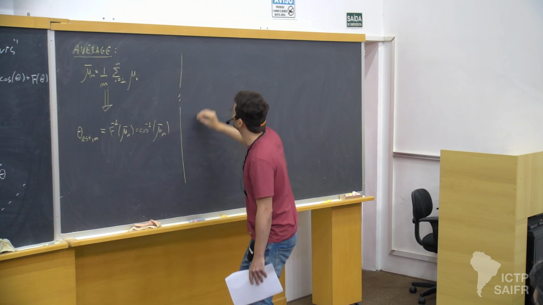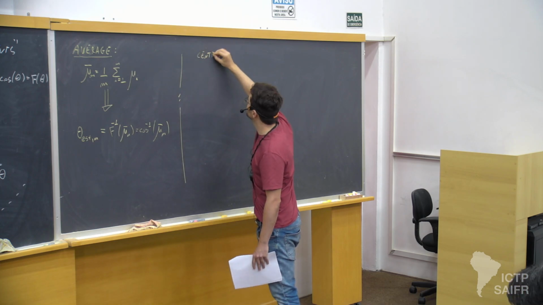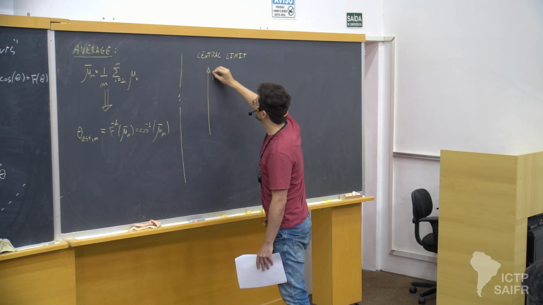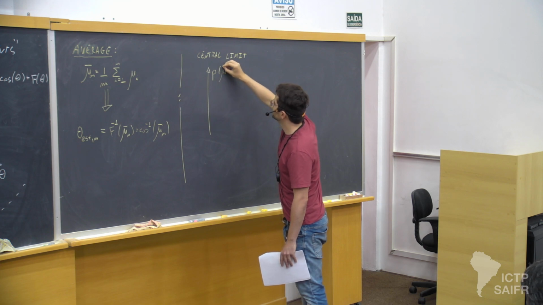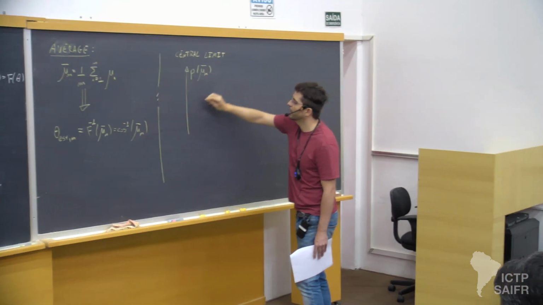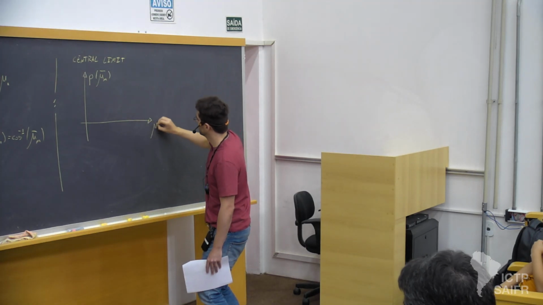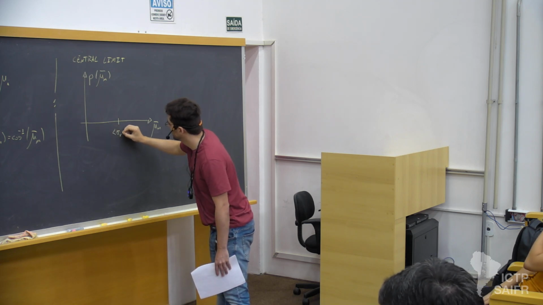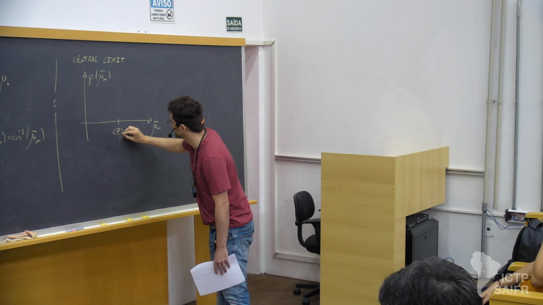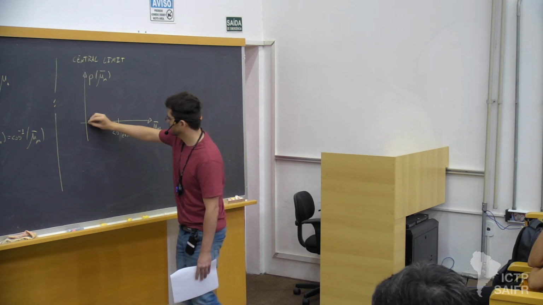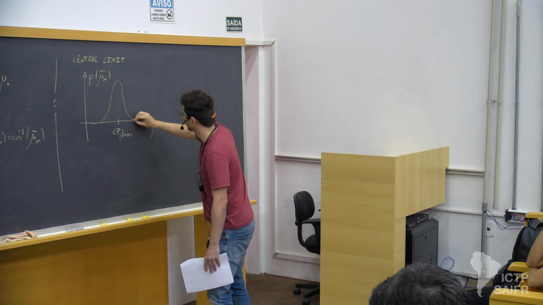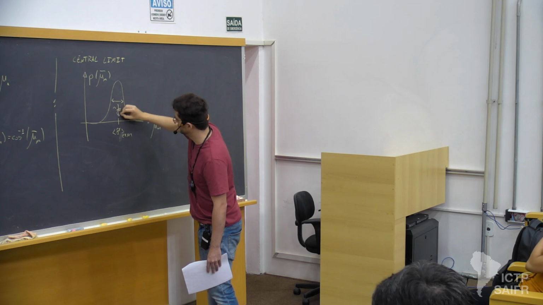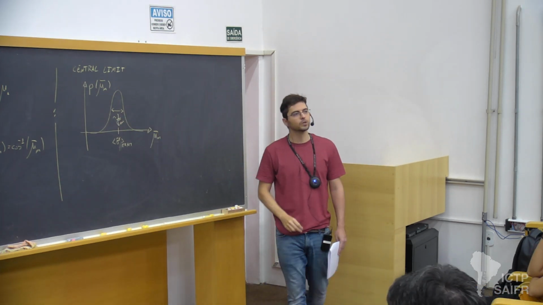So given the central limit theorem, we know that the probability of the average value given m outcomes will be exponentially close to the exact sigma x, according to a Gaussian whose variance depends on 1 over the square root of the number of measurements that I'm doing, okay?